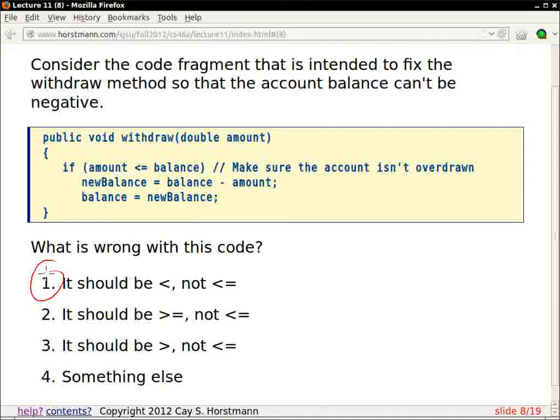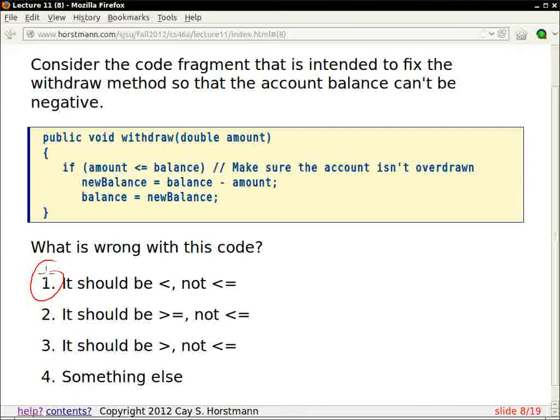It's a general issue that when you write these conditions, it's often tricky to decide whether it should be less than or less than equal, or conversely, greater or equal versus greater. And the easiest way of making such a decision is to construct a simple example, like what I just did. What if I have $1,000 in the account? Can I walk up and say, give me $1,000?